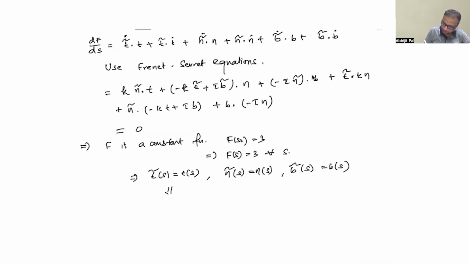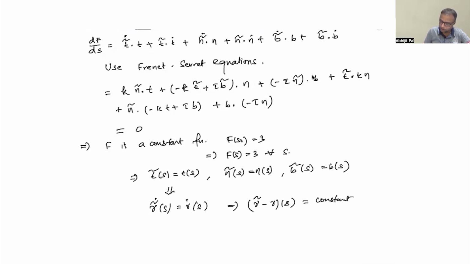And so this will imply that gamma tilde dot s is equal to gamma dot s. So this means that gamma tilde minus gamma s, this curve, is equal to a constant.